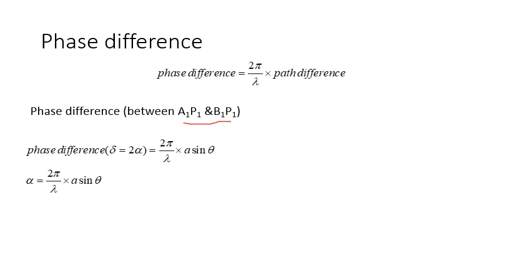So delta can be written as 2 into alpha, or alpha can be written as delta by 2.